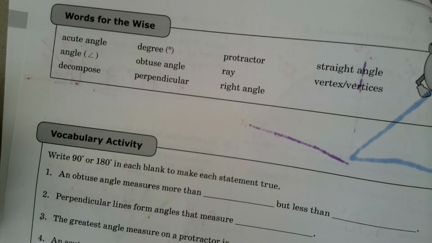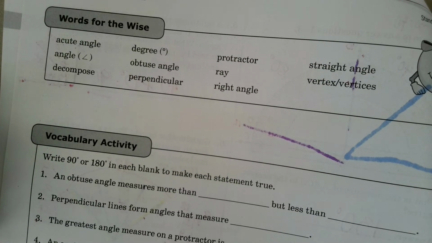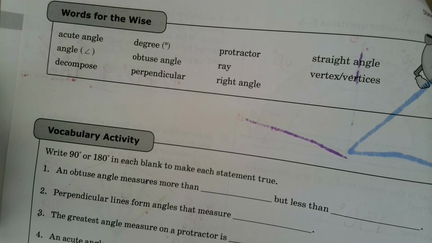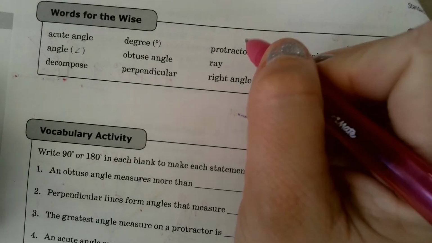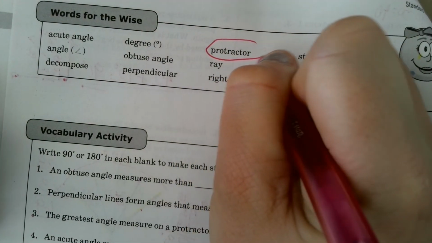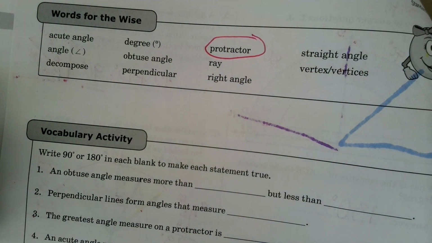All right, so let's open this up. Looking at your words for the Y's, I'm sorry I used permanent marker in some of this. Looking at, let's see, maybe some new vocabulary. You should know what an acute angle is. We've learned decompose in a previous unit. That means to break down into smaller parts. Protractor should be the only new definition for you.